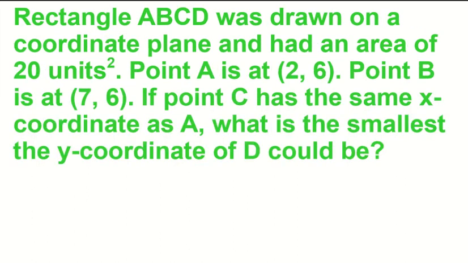Let's try something a little trickier then. Rectangle ABCD was drawn on a coordinate plane and had an area of 20 square units. Point A is at 2,6, point B is at 7,6.